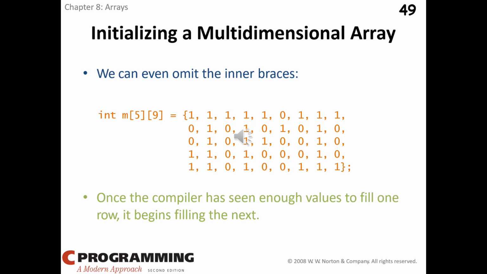So instead of neatly placing each puzzle piece in its own box, you can simply lay out all the pieces in a line, and the compiler, like a puzzle solver, will start filling in the rows of our grid piece by piece. Once it has enough pieces to fill one row, it moves on to the next row until our entire grid is complete.